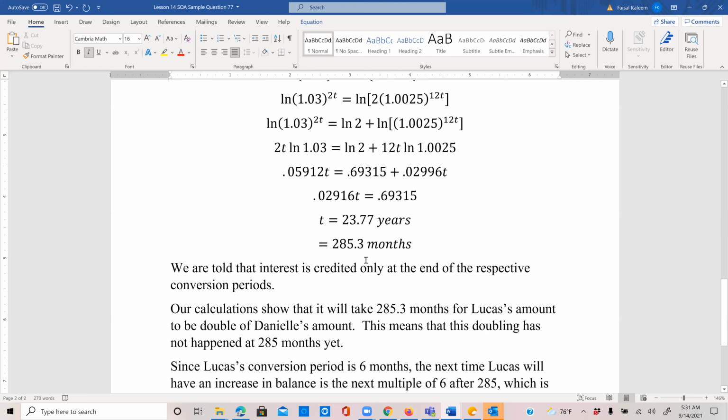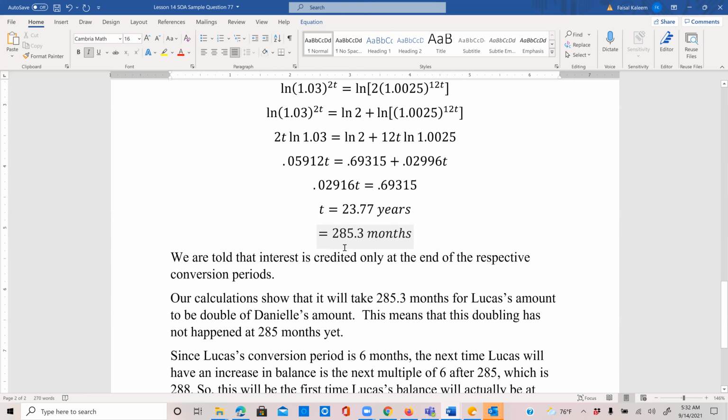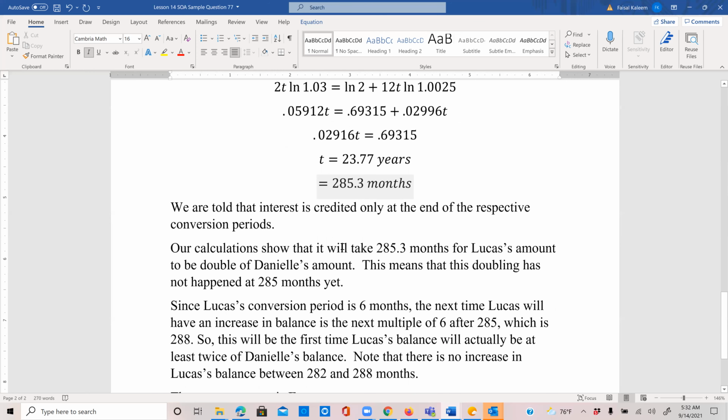By that time, his balance will overtake twice Danielle's. But as we discussed, in the previous 6 month period at 282 months, it hasn't yet happened. So 288 months is the minimum number of months in this scenario that Lucas would be at least double.